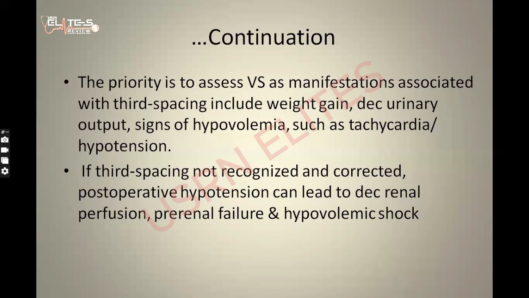And they have decreased urinary output, because the fluid that should reach the kidneys for urine to form is mostly pushing its way into interstitial spaces. So the person will gain weight and have decreased urinary output. That can eventually lead to multiple organ damage. Kidneys will fail, liver can fail, lots of organs can fail.